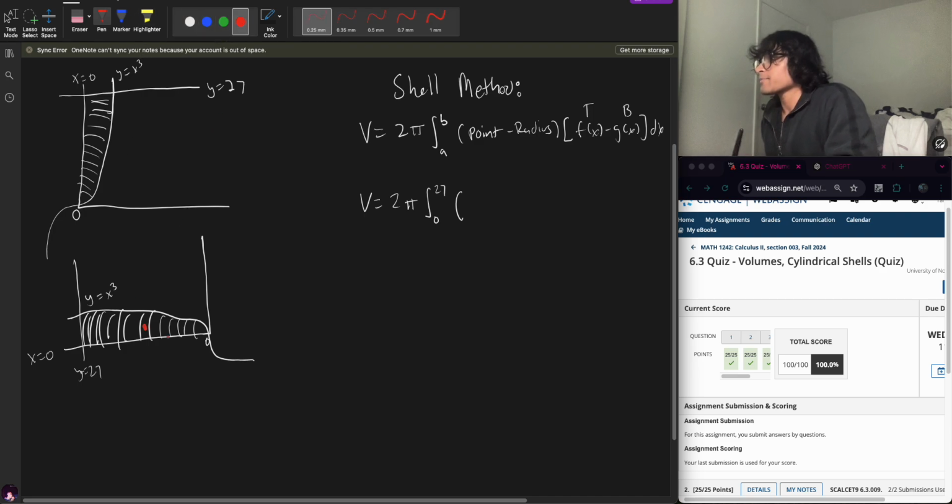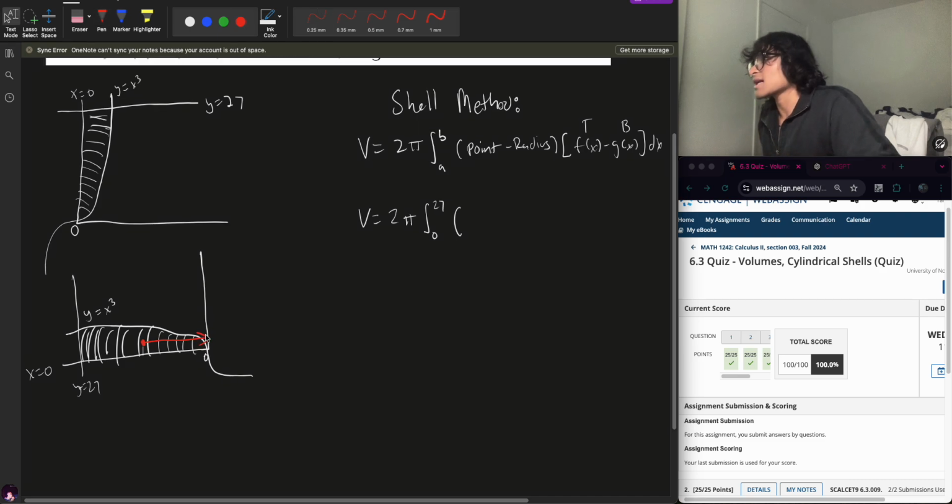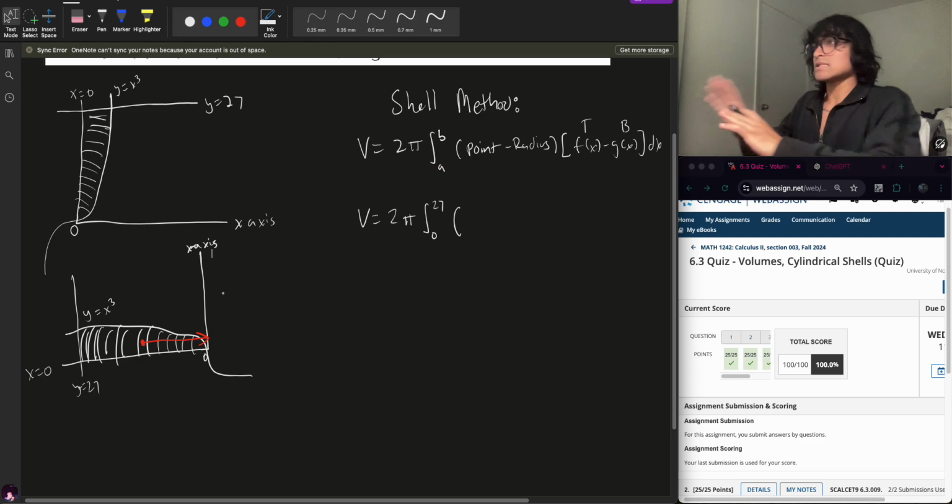Smack this right here, which is just going to be our arbitrary y. And we're going to see how far it is from the x-axis, which, by the way, in our new rotated way, this is our x-axis. This is how I solve the problem, at least. You do not have to do what I do.